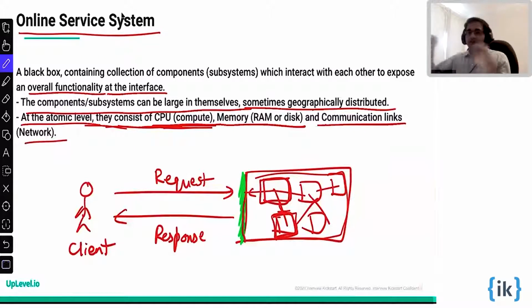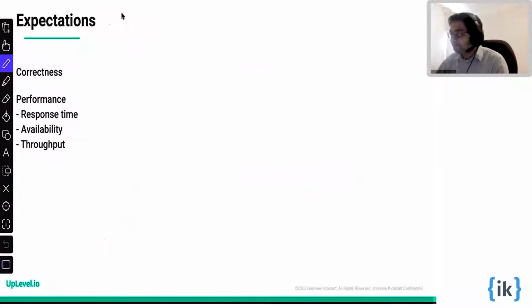They could be long optical fiber channels across the Atlantic or the Pacific, or they could be small buses that are going from a processor to memory somewhere locally. So at the most fundamental level, any system, any computer system and any scalable system is composed of compute, memory, and network resources. And so you have to build this online service out of these fundamental atomic units.